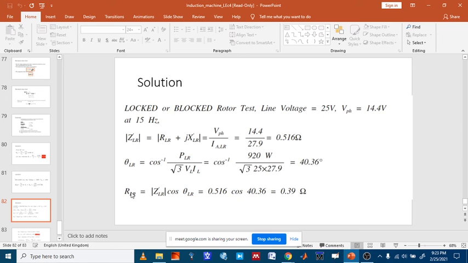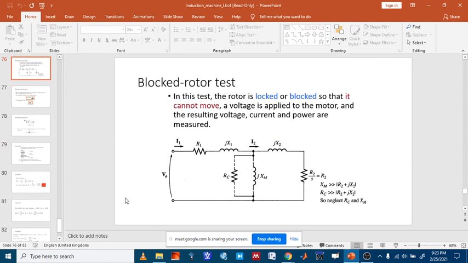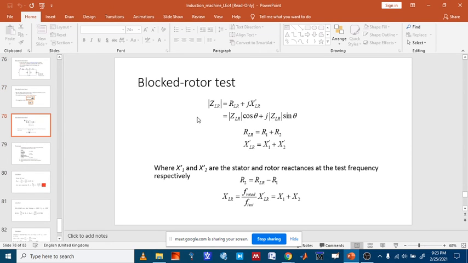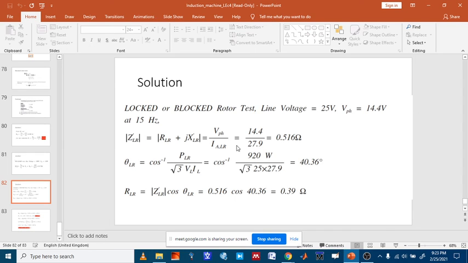Now RLR. We know the ZLR to be this. So RLR is equal to ZLR cos phi.